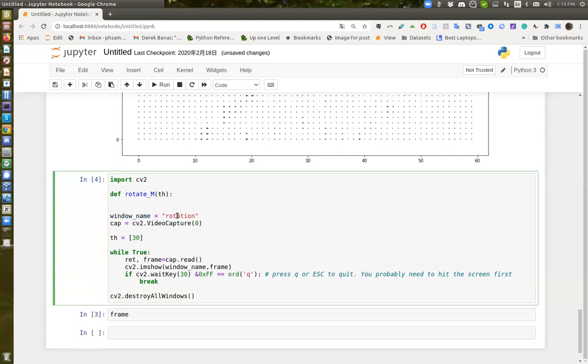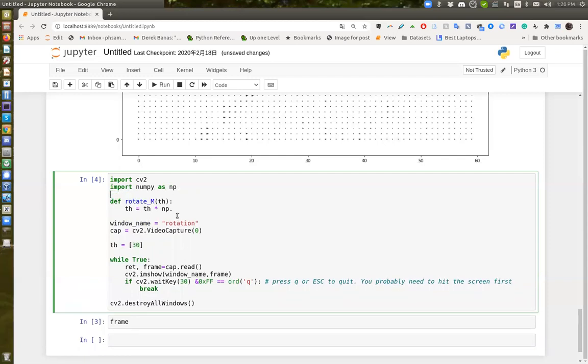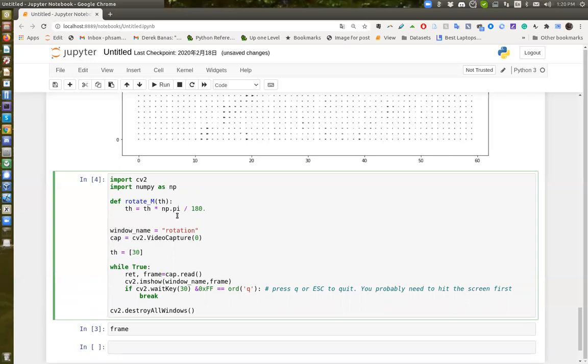Then for the rotation matrix, maybe I should convert degrees to radians first. So th is equal to th times pi. I need to import numpy, I guess. Times pi over 180 degrees. So that would be my theta.